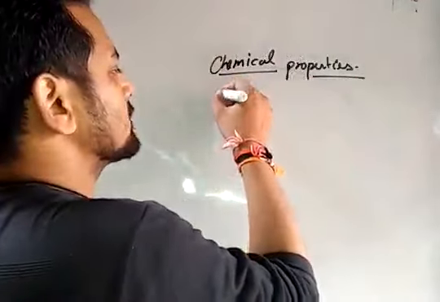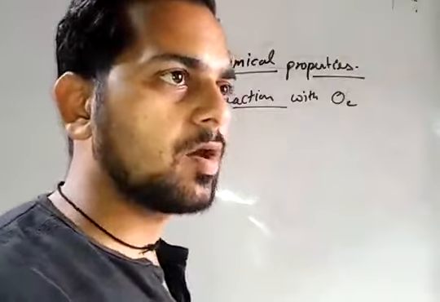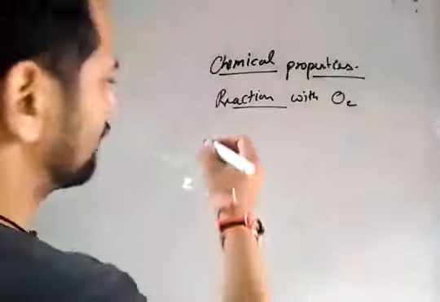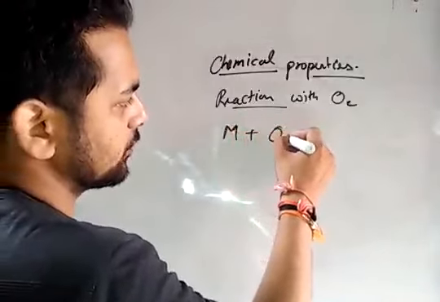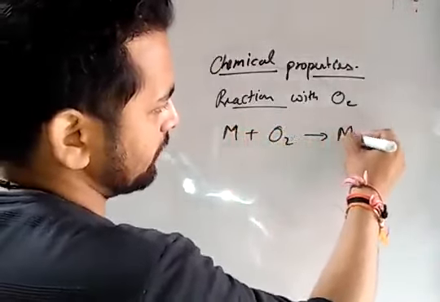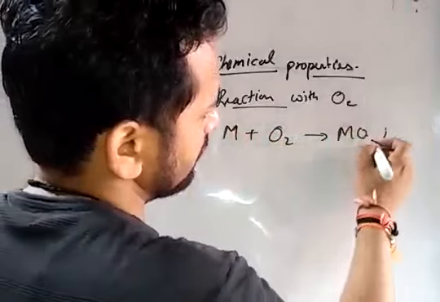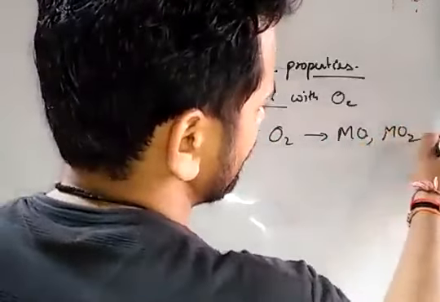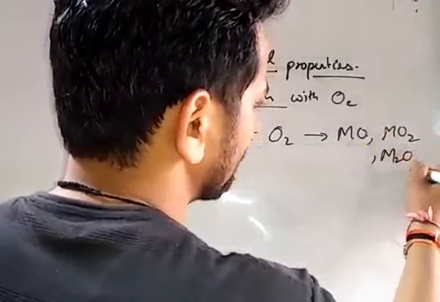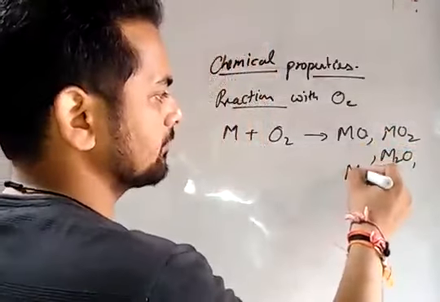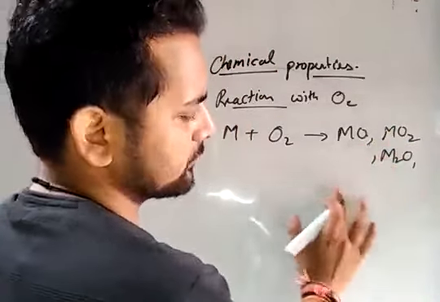When the metal reacts with the oxygen gas, they form oxide. They are also called oxides. For example, this is the formula: M reacts with O, then it forms MO, maybe MO2, M2O, or maybe something else.